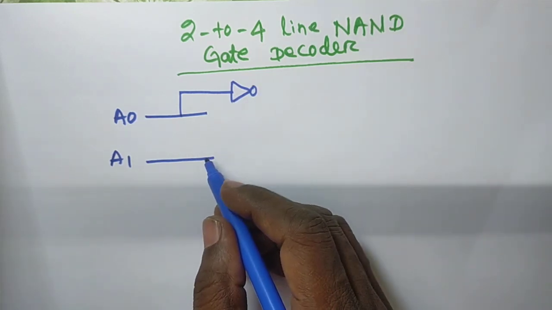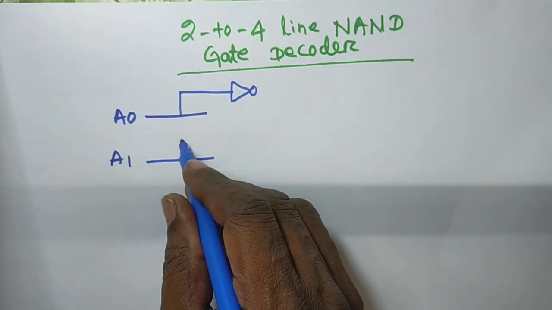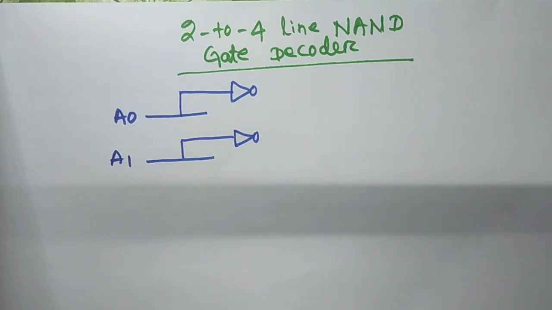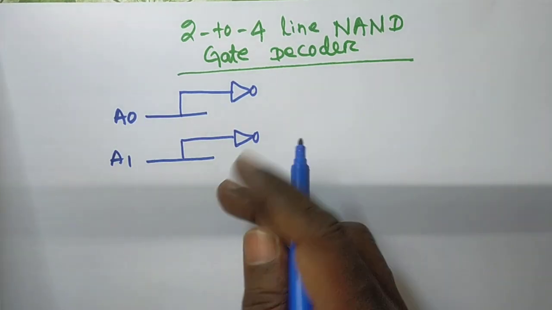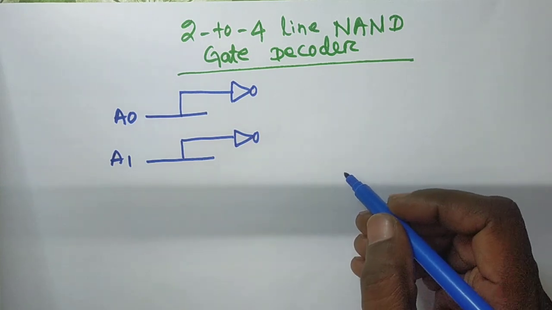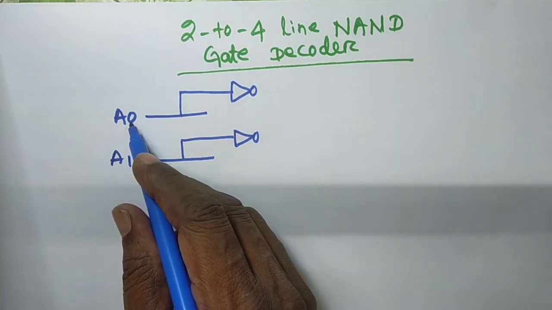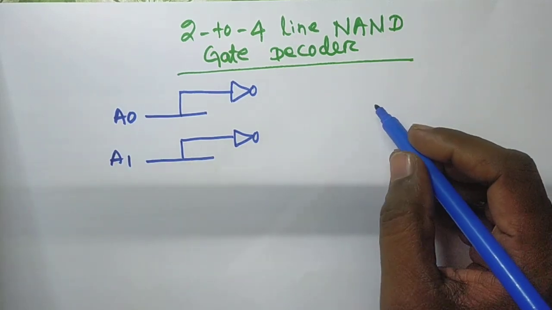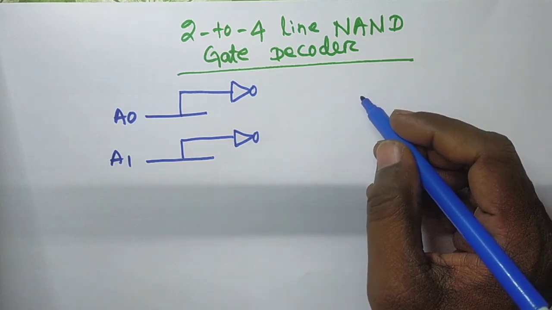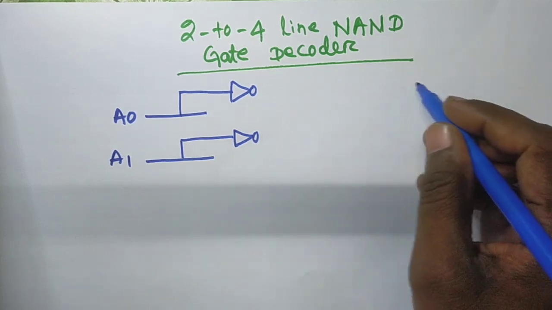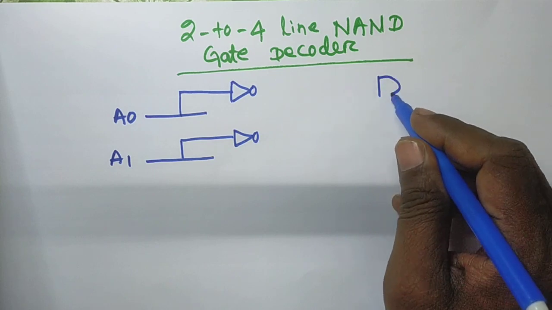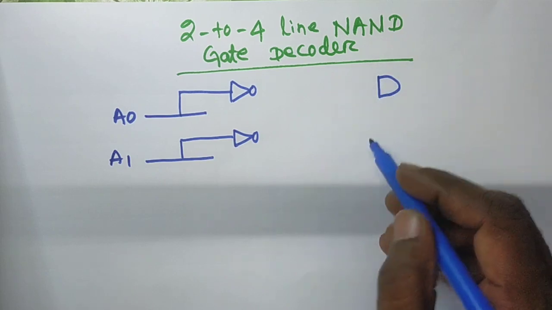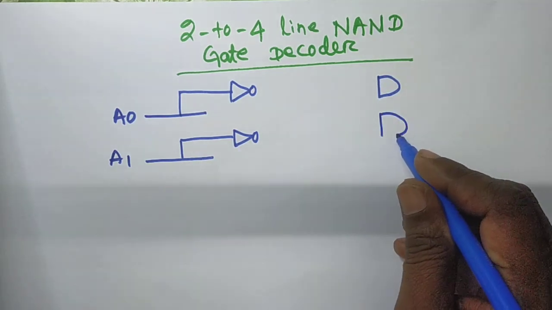Here we consider one part as an inverter and another part as direct data. Since there are two inputs, A0 and A1, how many outputs can we get? We can get 4 outputs, defined through 4 NAND gates, because here we consider only NAND gates.